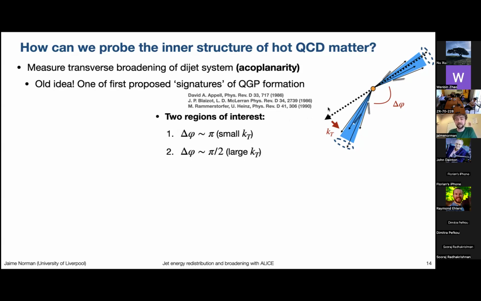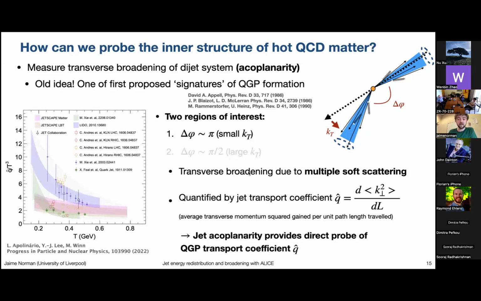There are two regions of interest that I would like to talk about. Looking at this dijet system, there's a small KT region and a large KT region. Transverse broadening can occur due to multiple soft scattering in the small KT region, which can be quantified by the jet transport coefficient Q hat, which is the average transverse momentum squared gained per unit path length traveled by a jet.